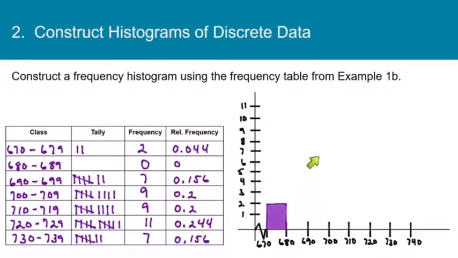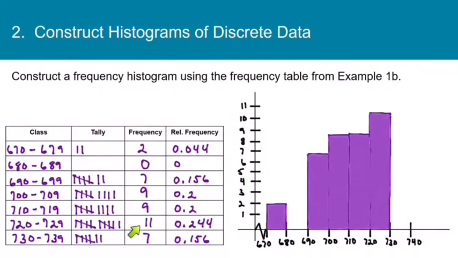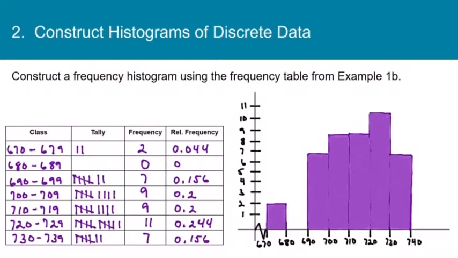It will go here, and it will be about this tall. Then the next class is 9 units tall, so it'll be this tall. And then another 9, then 11, then 7. Now you see why, even though I don't have a class that starts with 740, it does serve as the end of our last class.